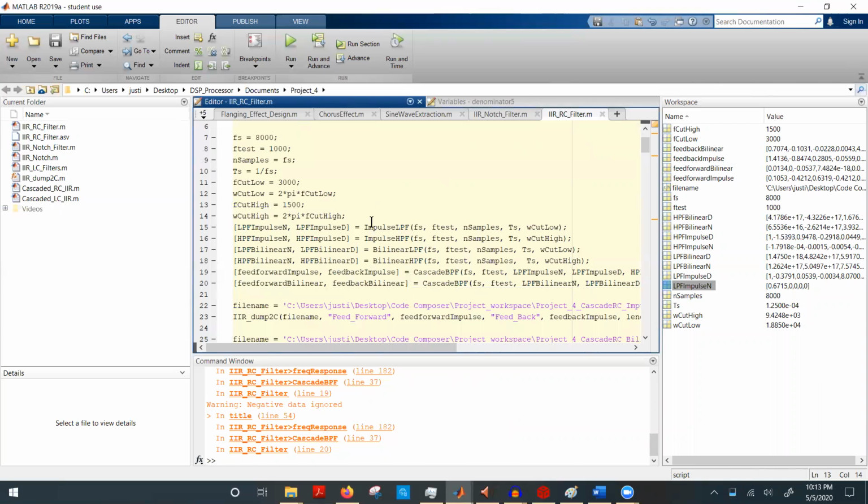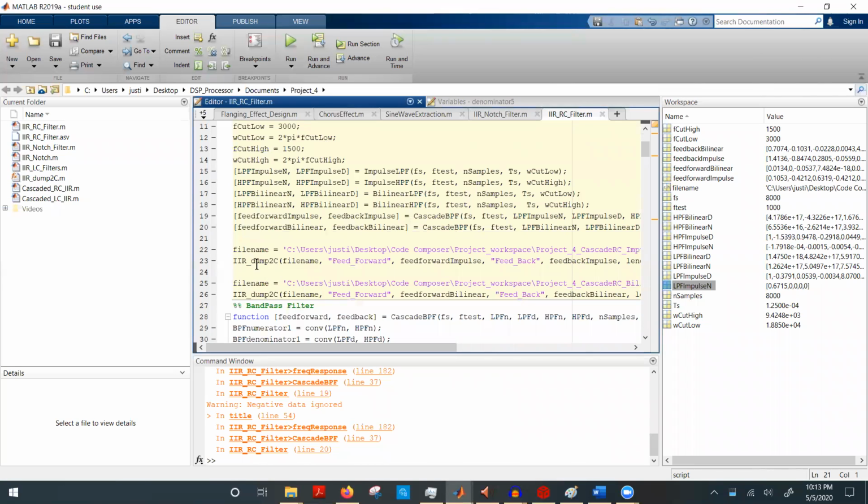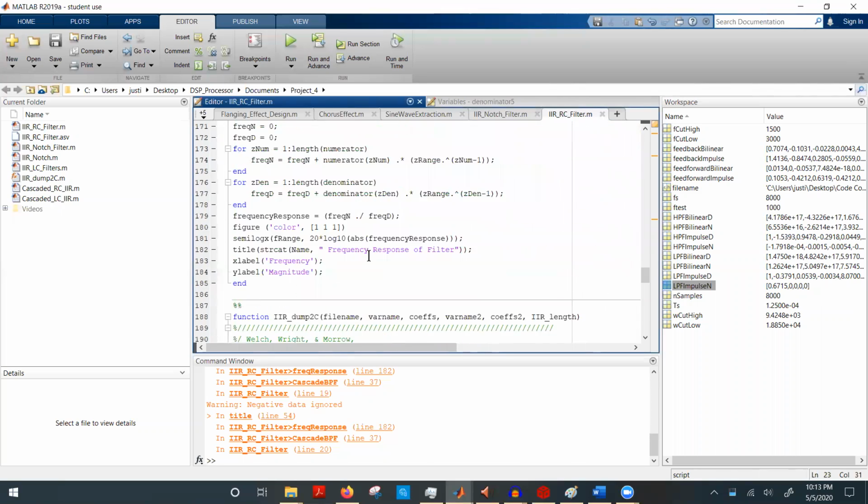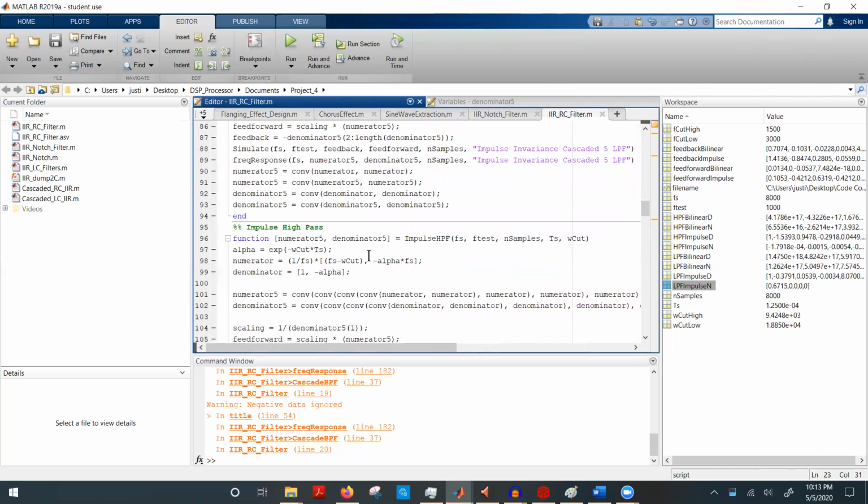I generate the impulse low pass and the impulse high pass, but like I said earlier, I don't actually use this impulse high pass, because when I tried implementing it, it didn't work. The impulse invariance method does not work well with high pass filters. Then I have the bilinear low pass filter and the bilinear high pass filter, and I cascade the low pass and the high pass together, and then I output them as coefficients to be written in C.